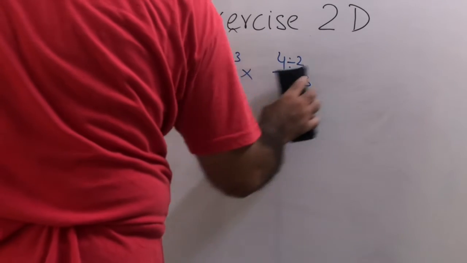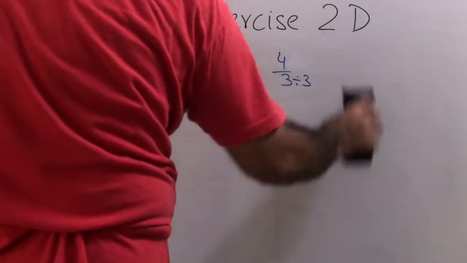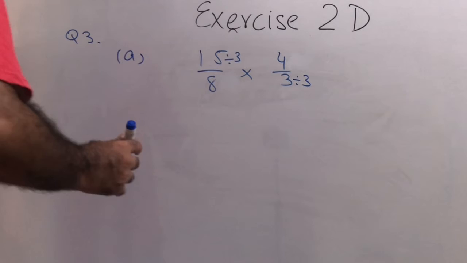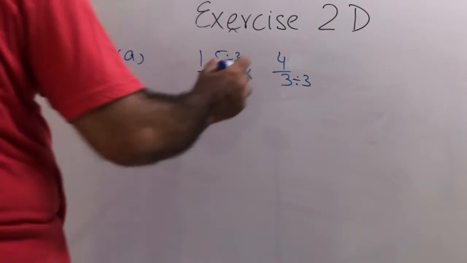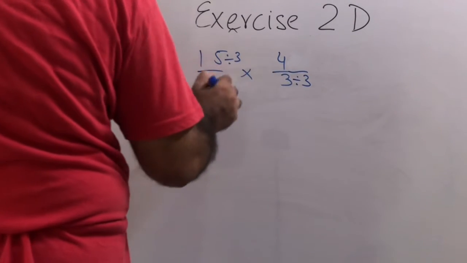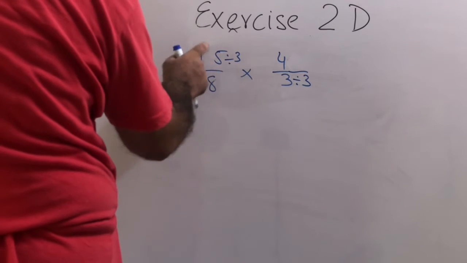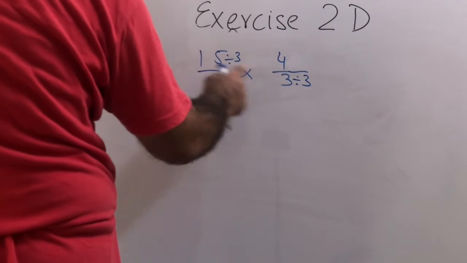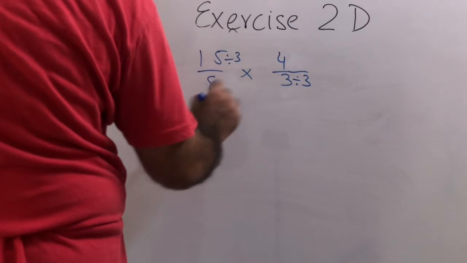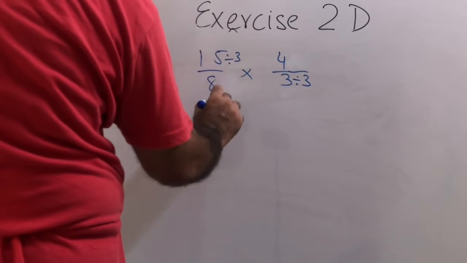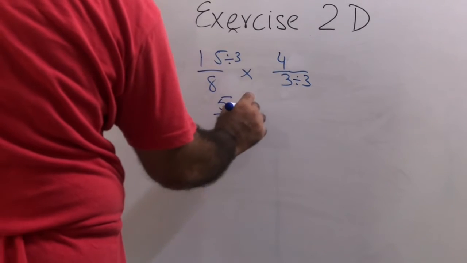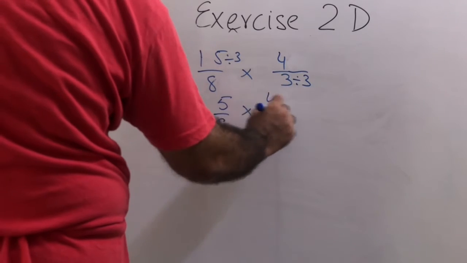First we'll simplify this 15 and 3. This is the numerator, this is the denominator. They can be simplified with the same table. 15 divided by 3 is 5, 3 fives are 15, over 8, and 3 divided by 3 is 1.